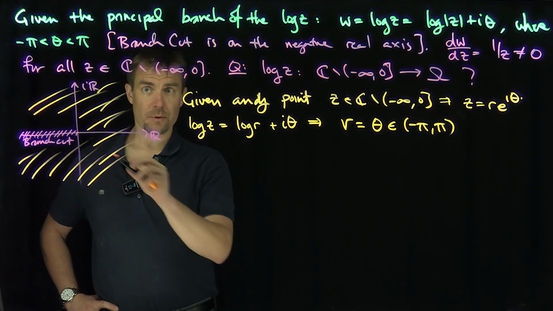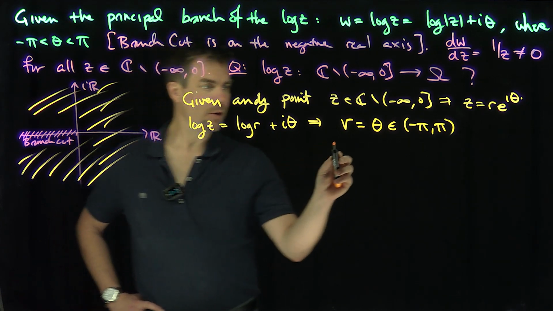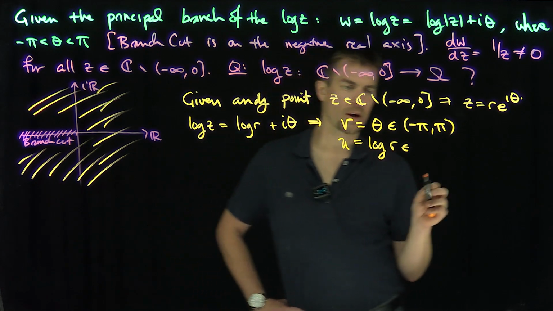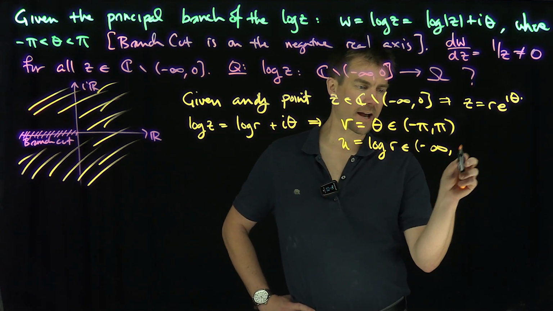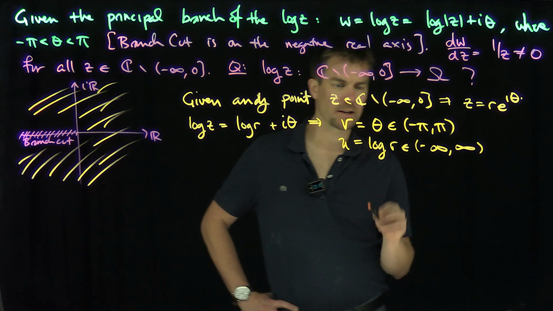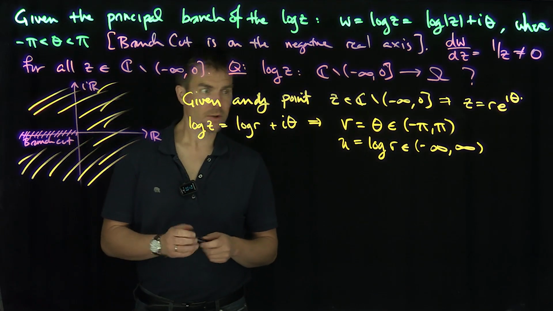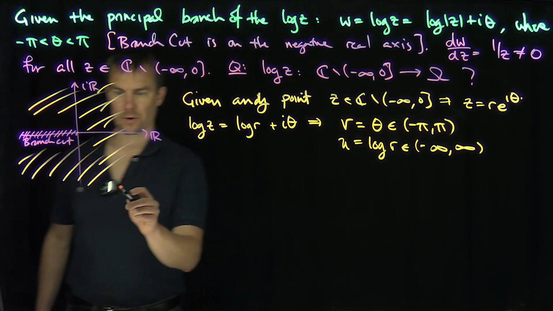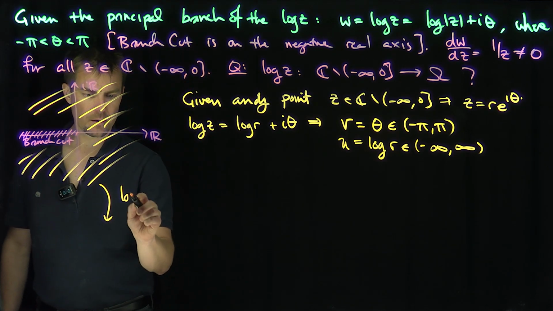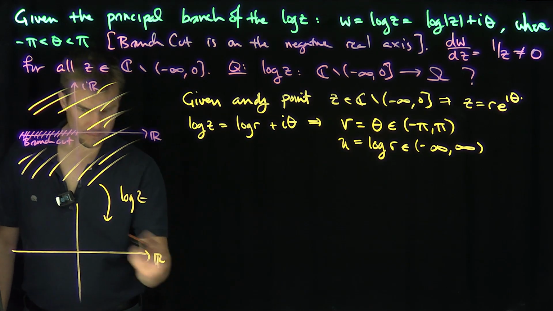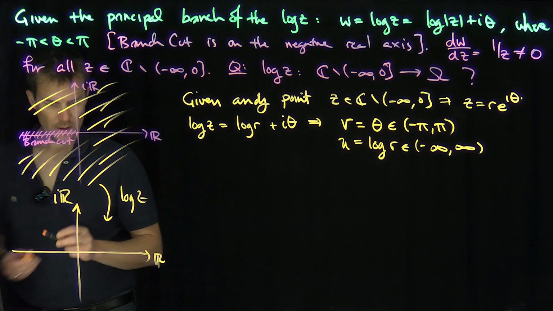And then what does the log of r do? Well, r can be anything between 0 and infinity. So the u is the log of r, and that's anything between negative infinity and infinity. So in other words, what you're doing is you're mapping to the strip. The log maps this region over here onto this strip.